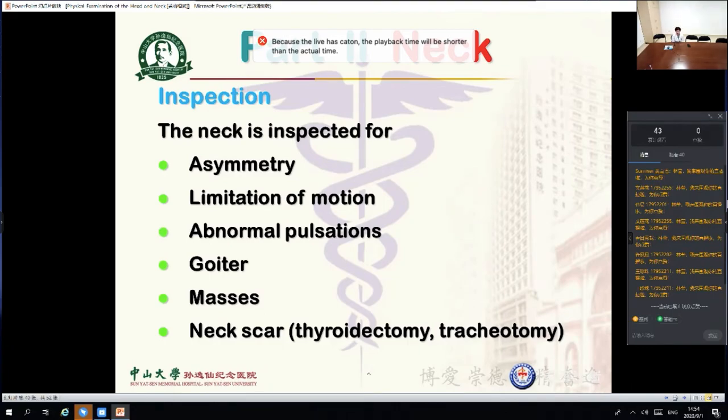And I may be able to finish this talk earlier today. Now, let's take a short break for about 10 to 15 minutes, and then we'll come back to talk about the physical examination of the neck. Okay. Let's take a short break.